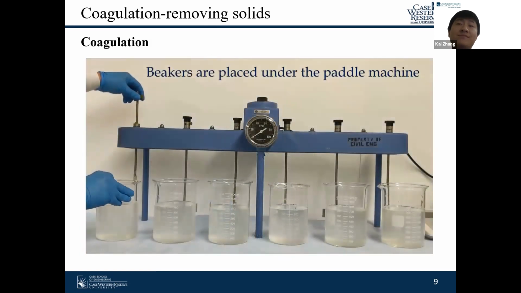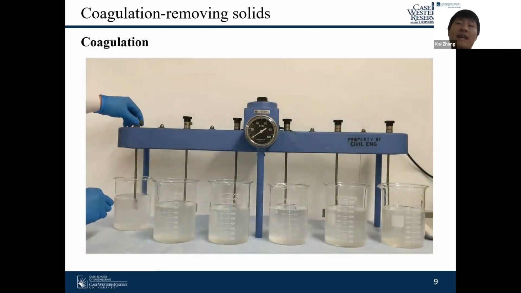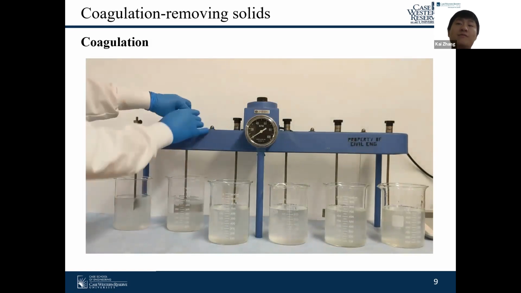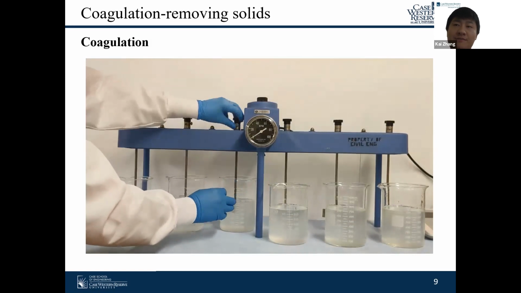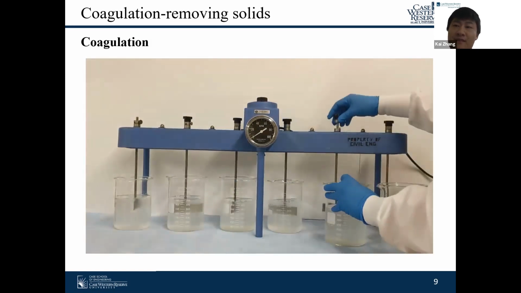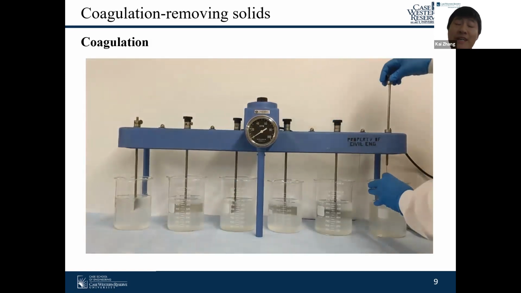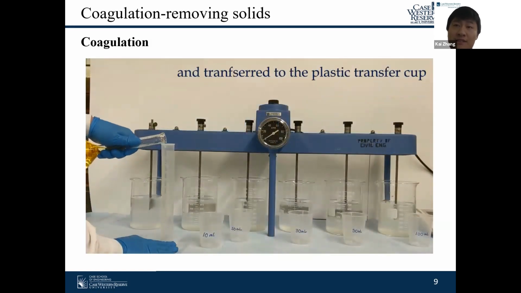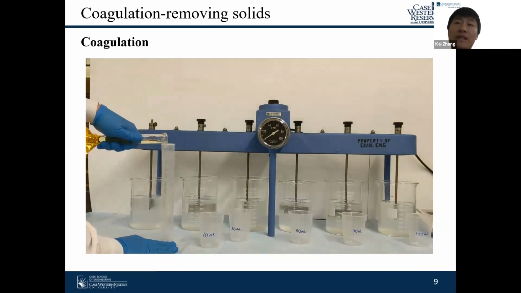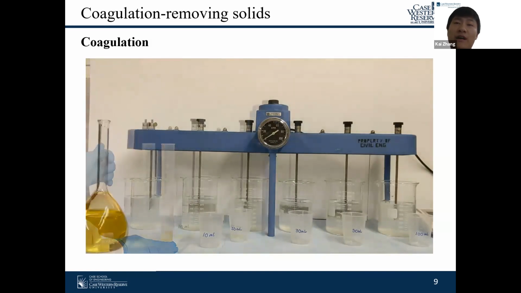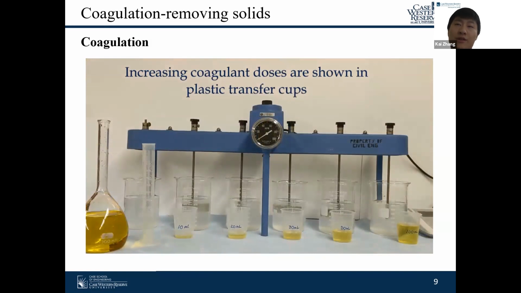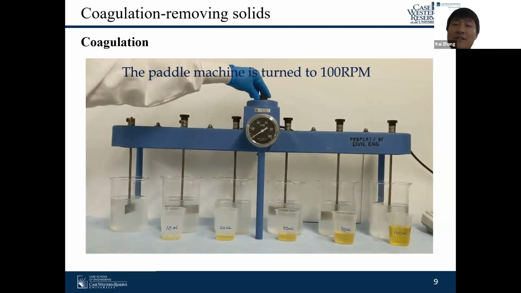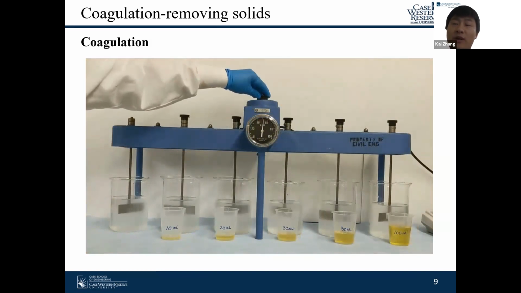Okay, we got the numbers for the untreated water, and we will compare them with the water treated by coagulation. Looking at those samples, we can find a lot of solids in this water. Now we add some ferric chloride solution to do the coagulation, in different volumes.